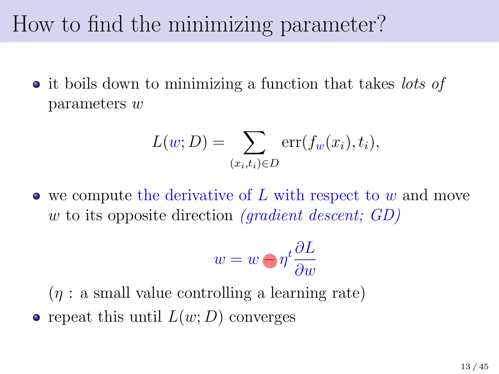And we take the negative, so we move W in the opposite direction of the gradient. This eta is a small value which controls the learning rate, how much you want to move W at a time. We simply repeat this until L converges or no longer decreases.